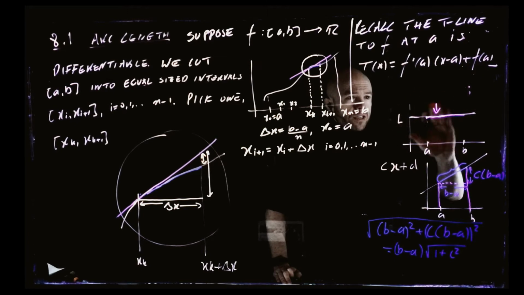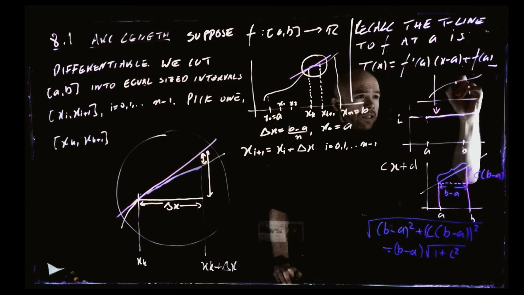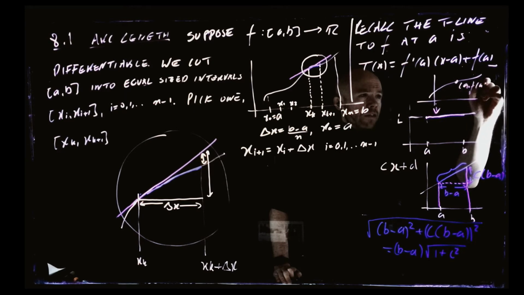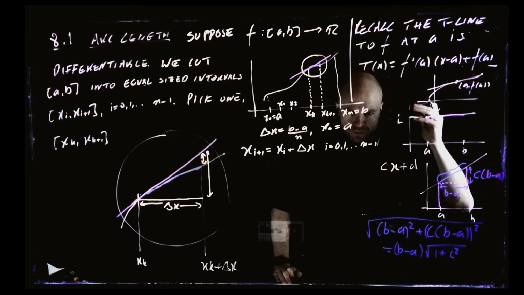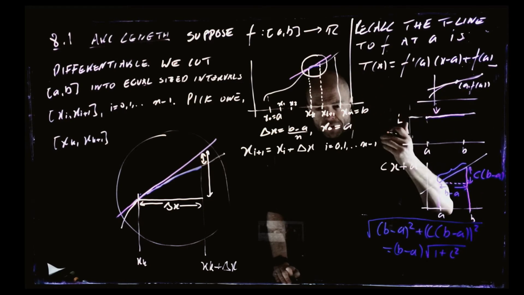Because the tangent line is just the linear function that goes through this point a, f of a with the same slope as the function, right? And the slope of the function at the point is just the derivative.